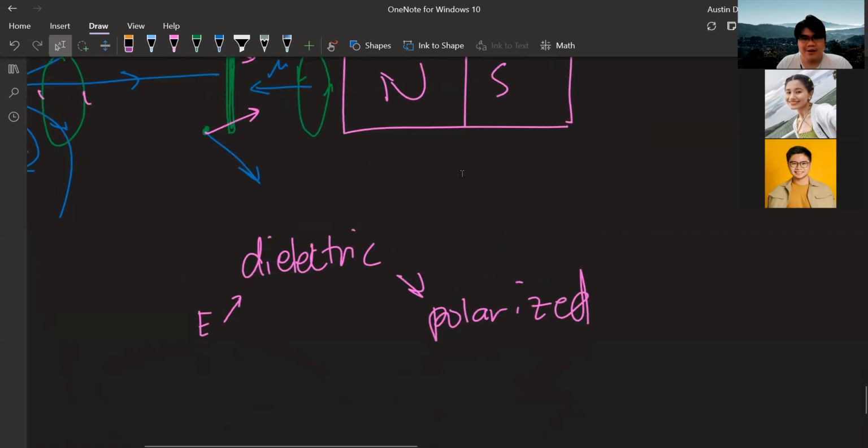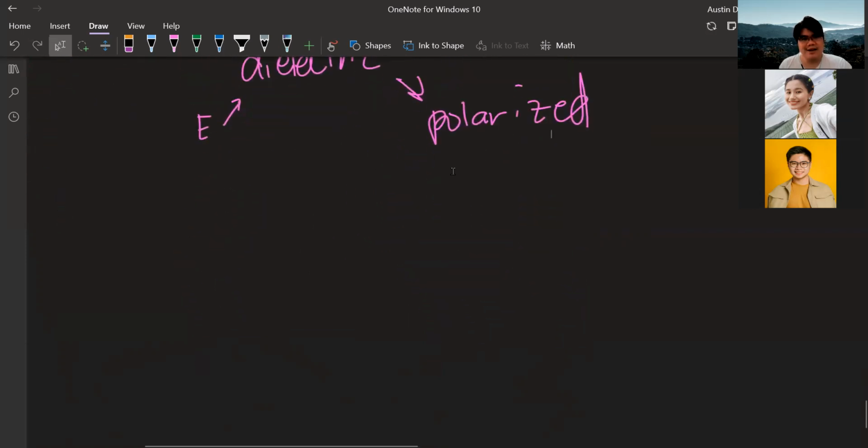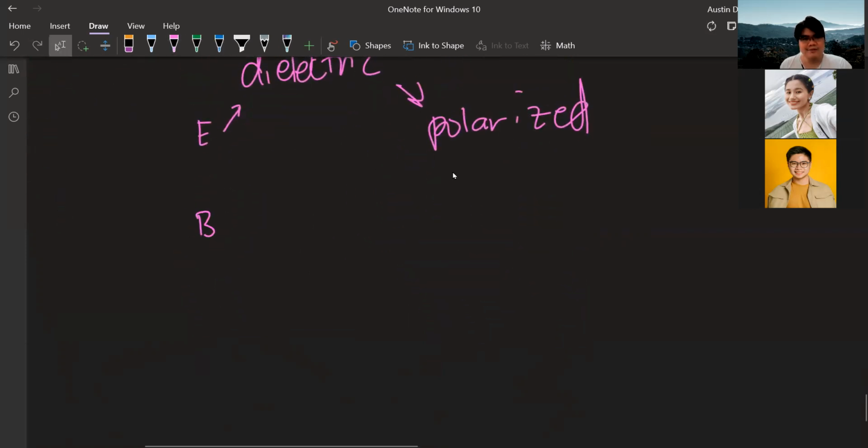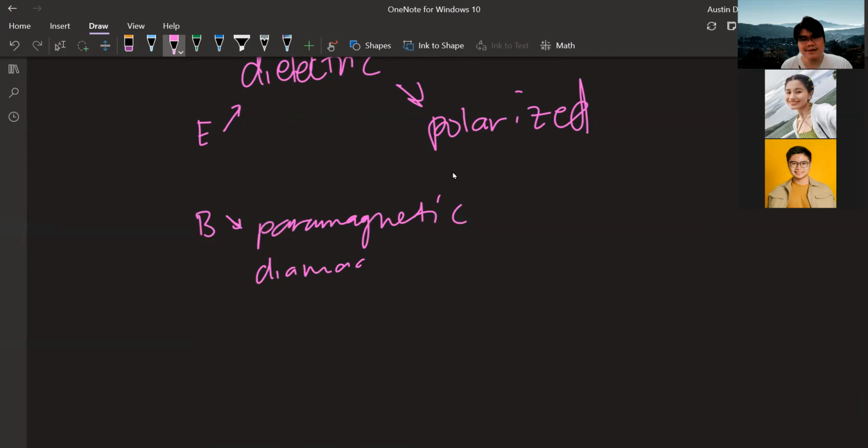Okay. Ganun din dito sa beam mo. If you put it into a material, dielectric pa rin. And then, meron tayong tinatawag na paramagnetic materials. And then, diamagnetic materials, and ferromagnetic materials.